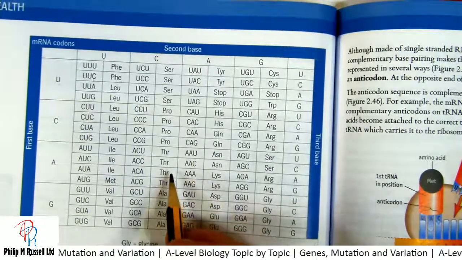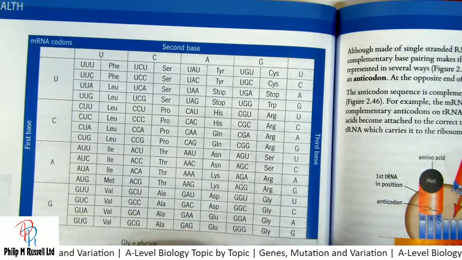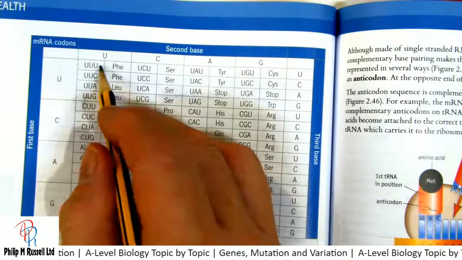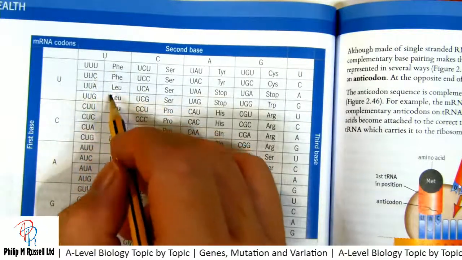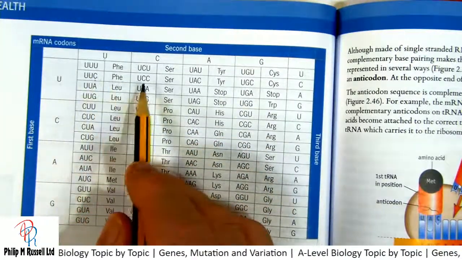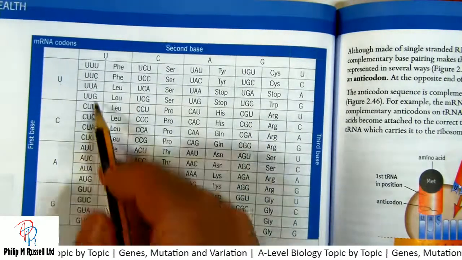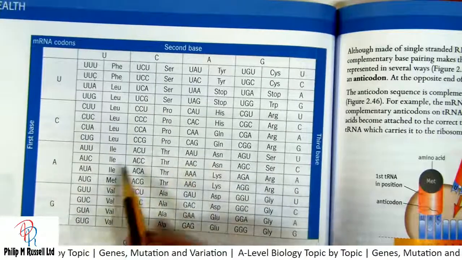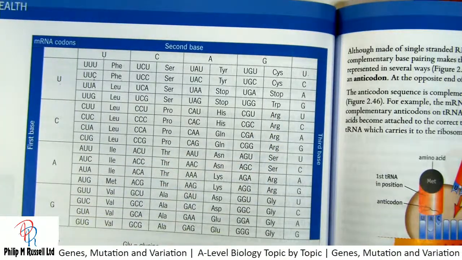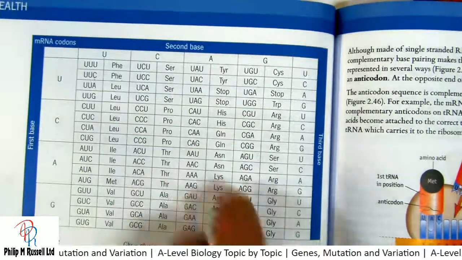But other ones can cause bigger problems. So changing just the one base in here can change this. If we change the middle base, then it's much more likely to have a change. And if we change the first base in the sequence, again it's much more likely to cause a change. So we've got quite a few of these different ones.